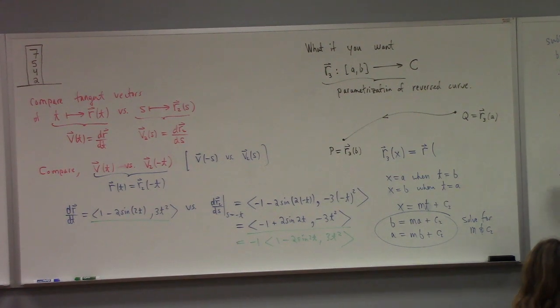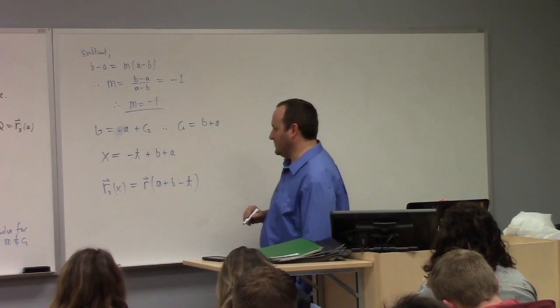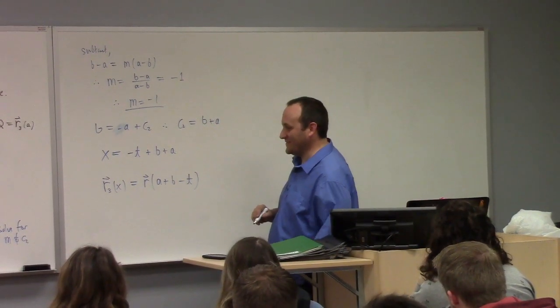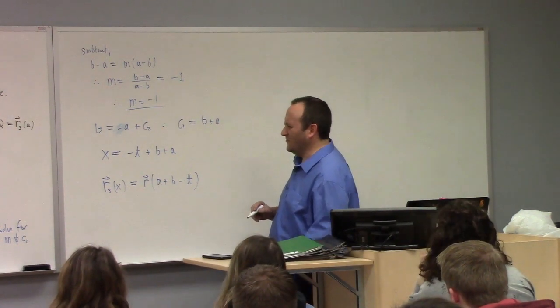Therefore, we can say R3 of x, which I don't like, but you guys liked it, so I'm just sticking with it for a second, a plus b minus t. And I'm not supposed to put that, not minus t. What was I supposed to put there? Oh, phooey.